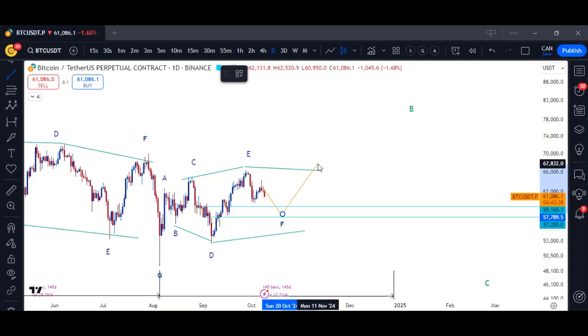That could be very sharp in order to give us some recovery in the market. And that could be the final wave of this diametric pattern.